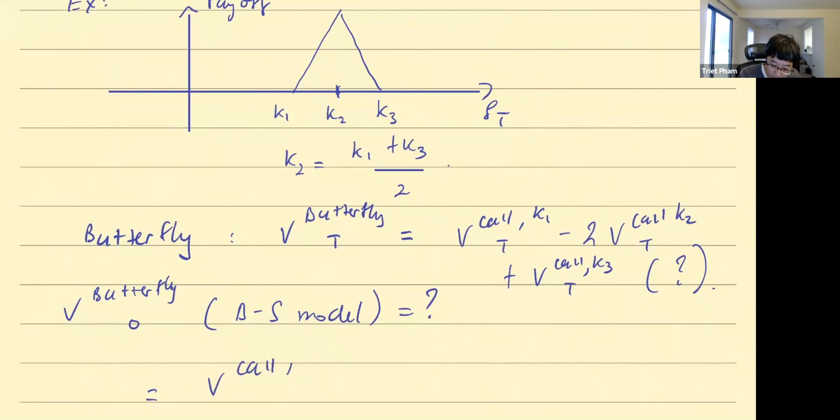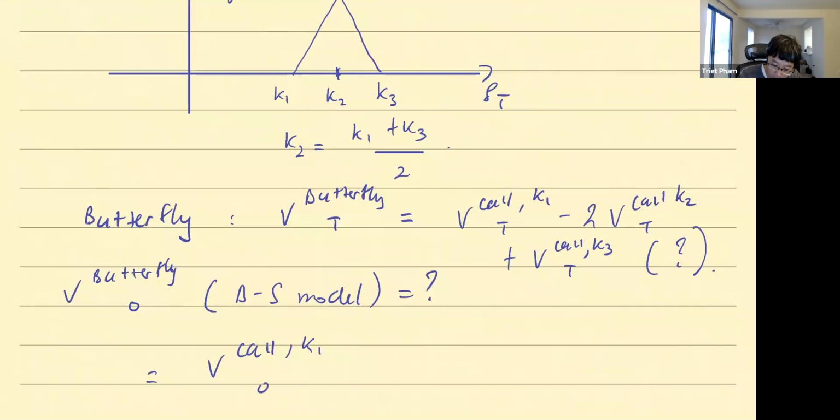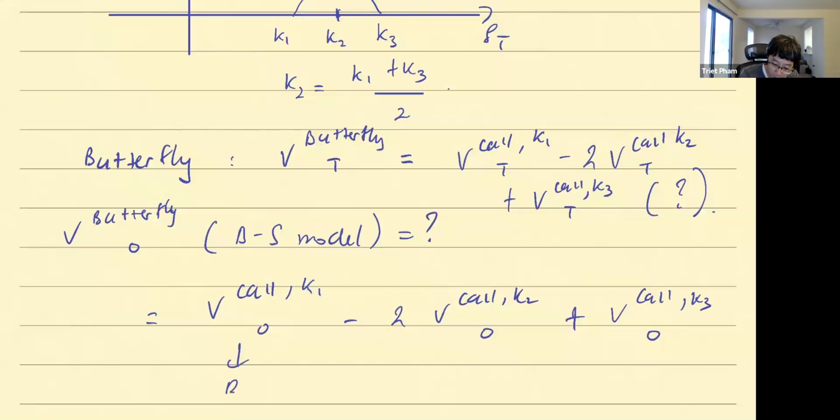I'm just going to write this, which doesn't mean much here, but it exactly expresses the idea that each of these has its own Black-Scholes formula.